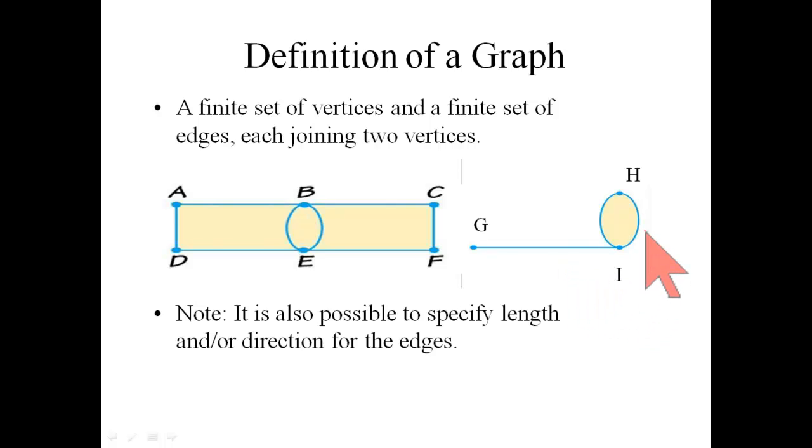So maybe they represent physical things like the curbs in the previous problem, and we could have physical distances labeled on here. Or if there are streets in a city, perhaps we would put an indication that you could go from G to I, but not from I to G if this were a one-way street. So there are various ways that we can put additional information on a graph to add more realism to the problem.